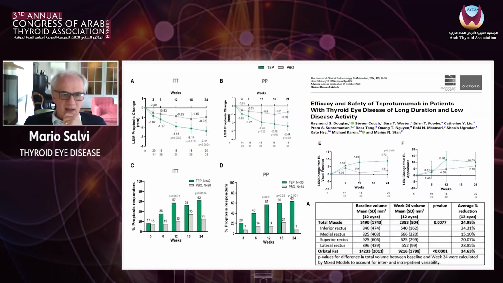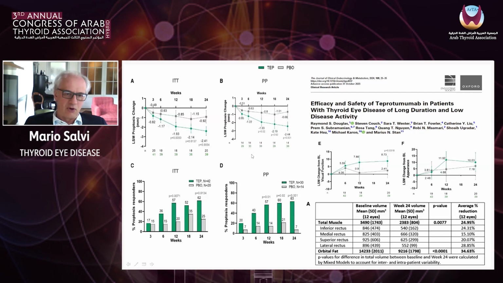Recently, a study was published on the use of teprotumumab in chronic patients, and although less significant, these patients did have an improvement of proptosis of about 2.4 millimeters. The significance of this data is not as great as what was observed in active patients, but this is currently the only immunosuppressive treatment that was proposed in patients with chronic disease.